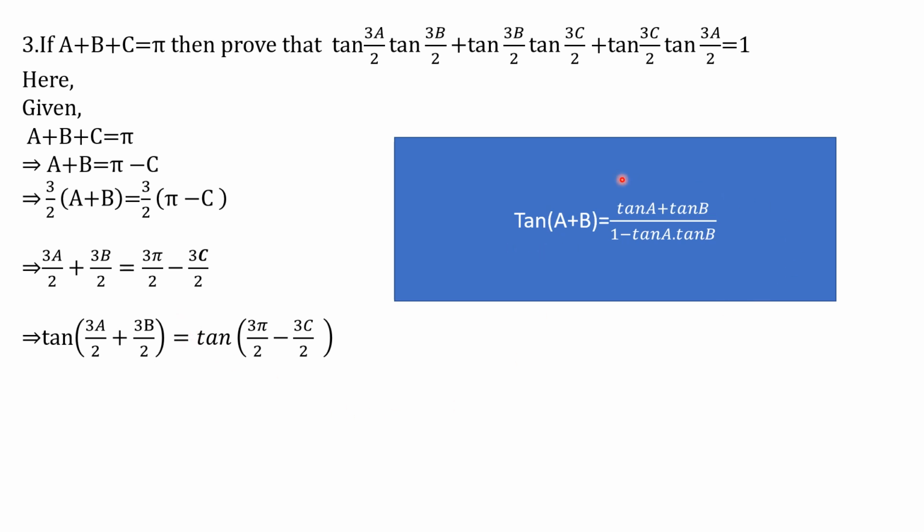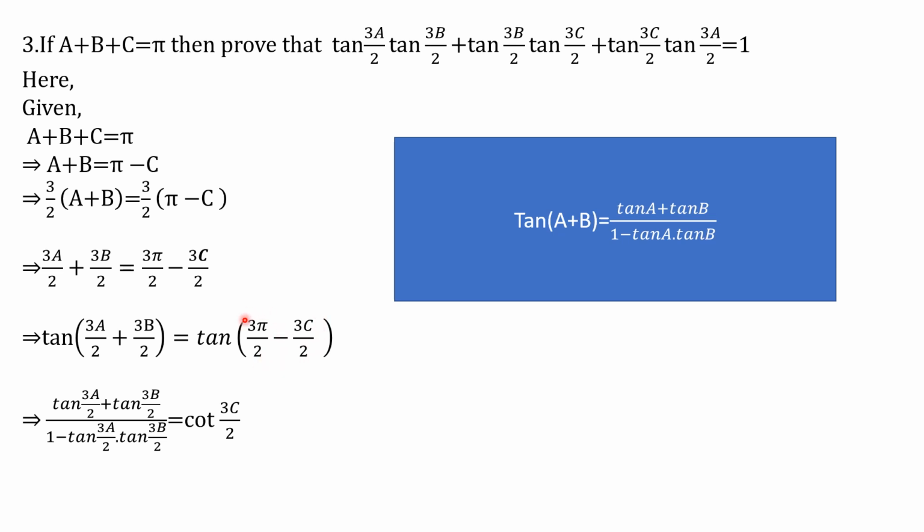So applying this formula, in this case we will get tan 3A by 2 plus tan 3B by 2 over 1 minus tan 3A by 2 into tan 3B by 2. Isn't that? And in the right hand side we have tan(3 pi by 2 minus 3C by 2).